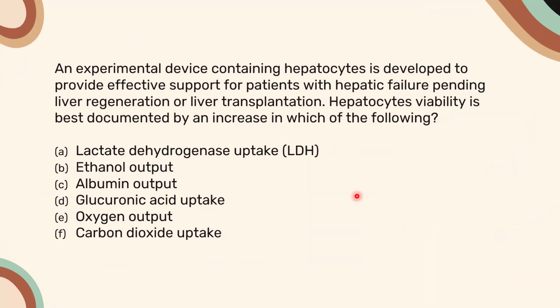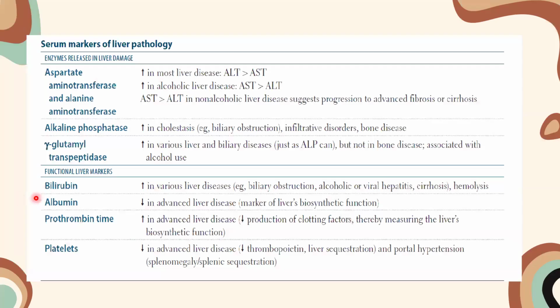So you have these options, and they're asking you, if you want to check if the hepatocytes are viable, what exactly are you going to measure, or what are you going to see an increase in? So that would be albumin, because albumin is, again, one of the things that is produced by the liver. And we talked about how a decrease in its level indicates a liver pathology.